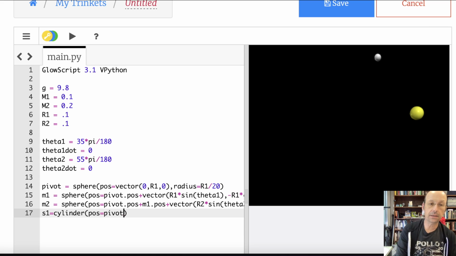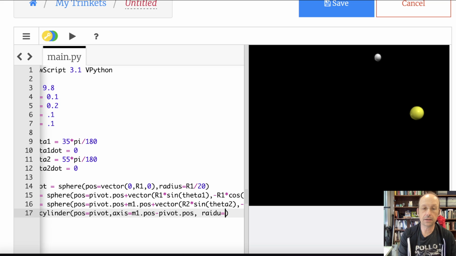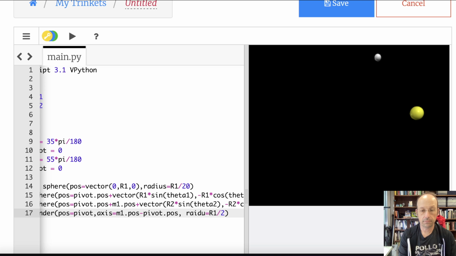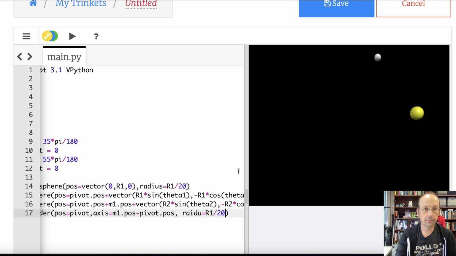So the axis is going to be the vector mass1.pos minus pivot.pos. Now the radius is going to be equal to, let's say, R1 divided by 20. And let's leave it as gray.